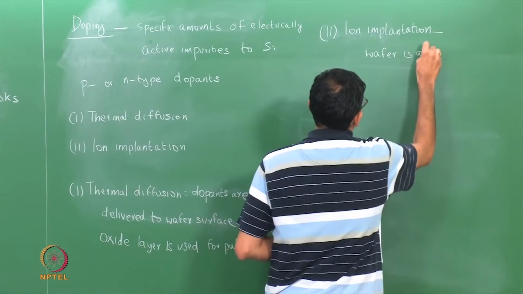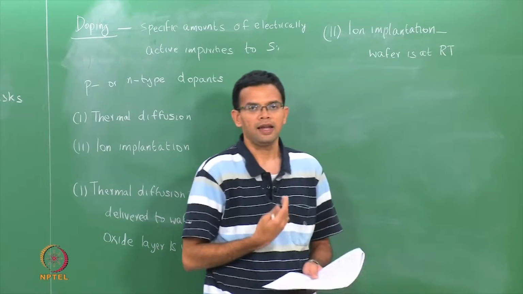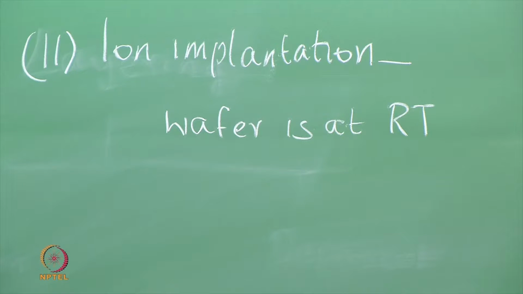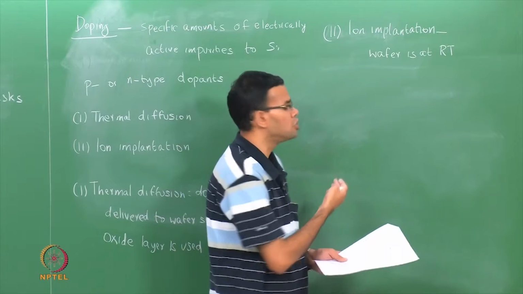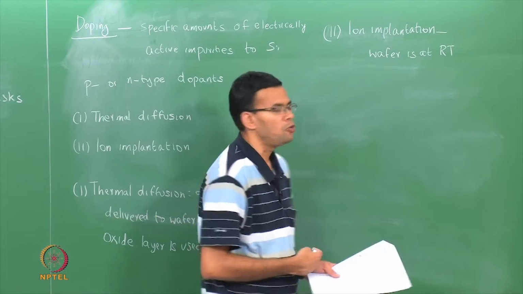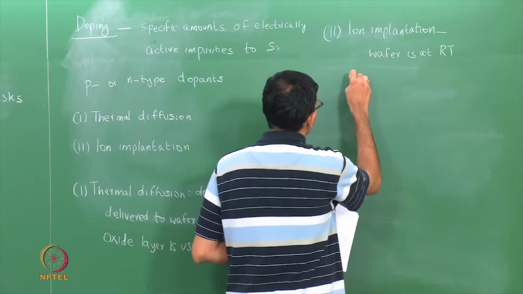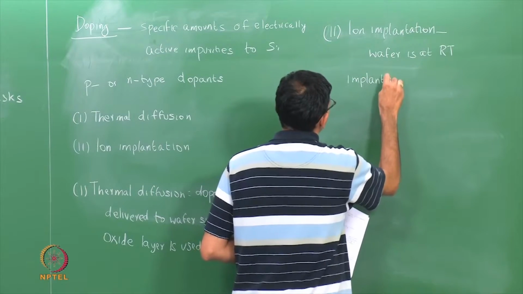Wafer is at room temperature. The dopant atoms are ionized and these ions are accelerated and impinge on the wafer surface and then get embedded. So, you are doping not by diffusion, but by implantation of high energy ions.